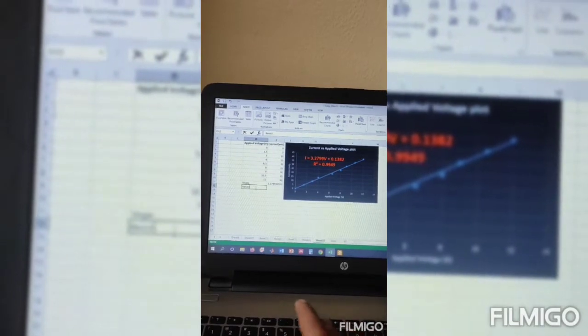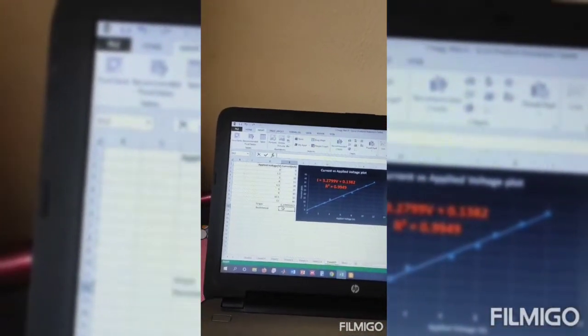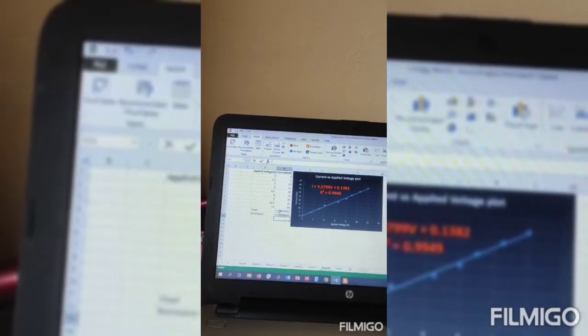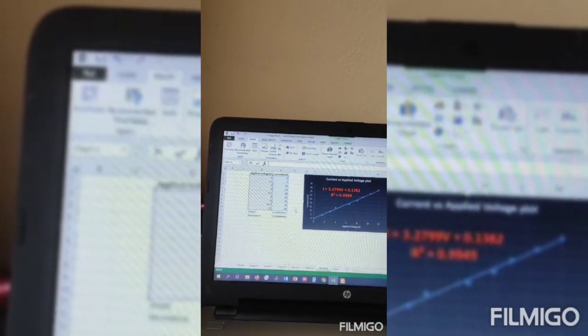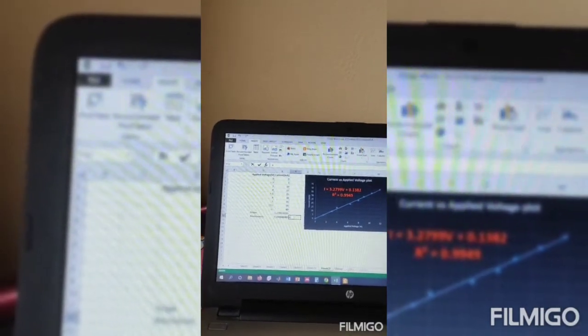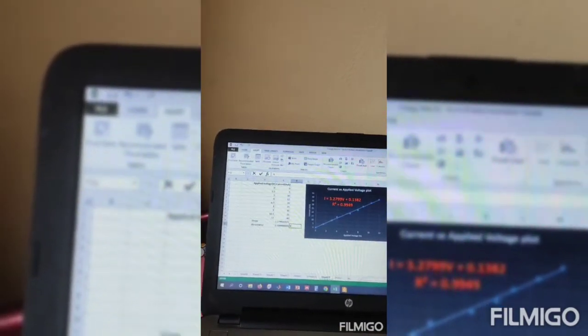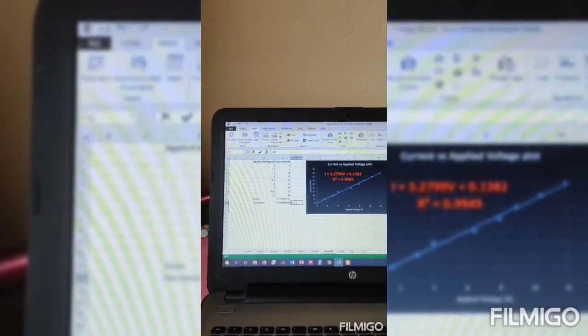Also, since we got the relation I equals 3.2799 V, that is y equals mx plus c, m is the slope. From there also we can get the slope. Look carefully, the unit of this resistance will be kilo ohm, since the current is in milliampere and applied voltage is in volt.